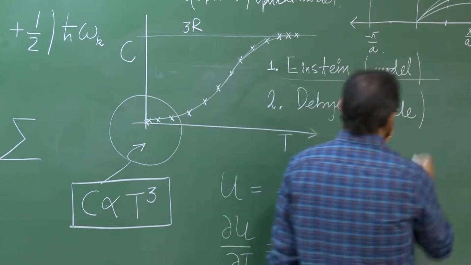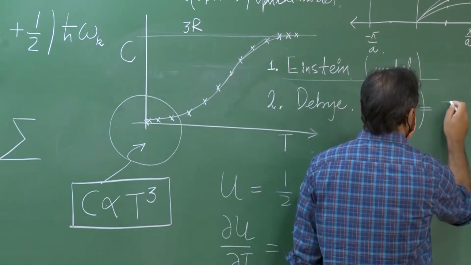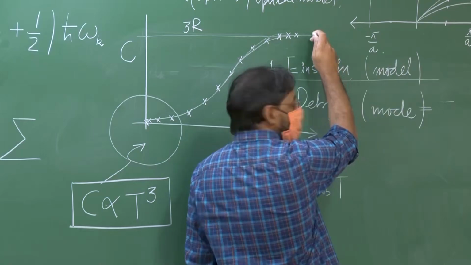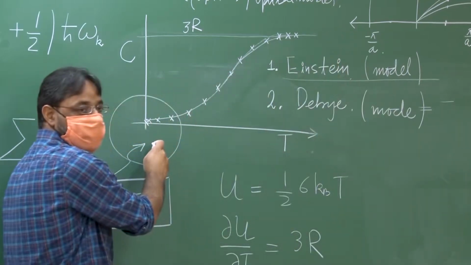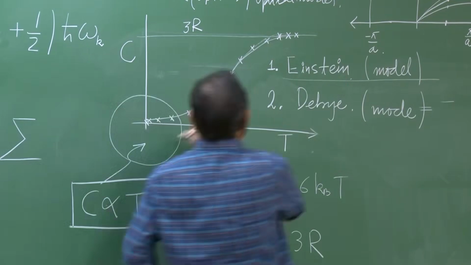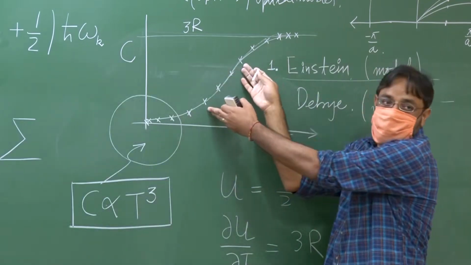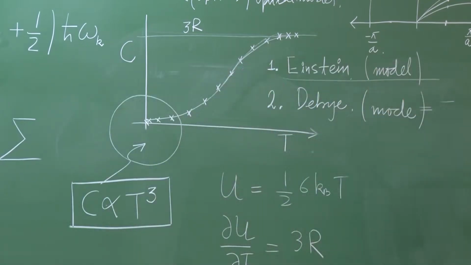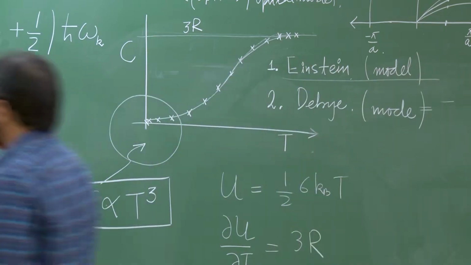He got not only the 3R, but also the T cubed, and for a good part of the intermediate region, he got his calculated specific heat very close to the experimental values. So these are the two models that we are going to study.